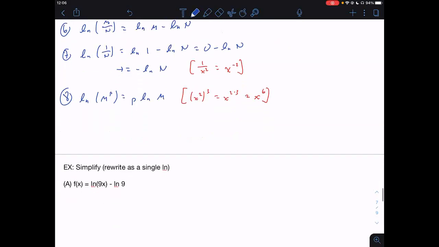So this will be equal to the natural log of 9x divided by 9. The 9's cancel out, leaving us with just natural log of x. So natural log of 9x minus natural log of 9 is simply natural log of x.